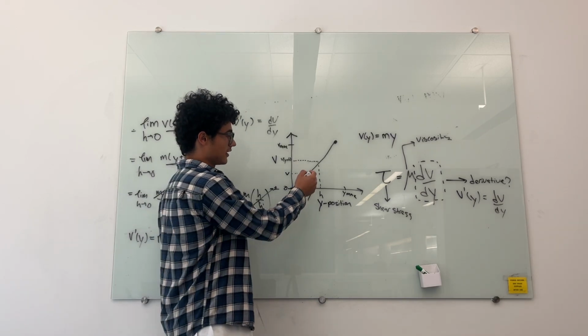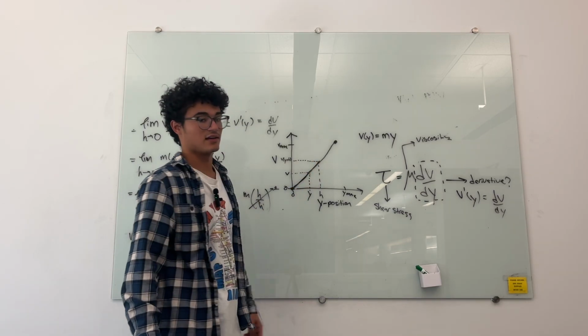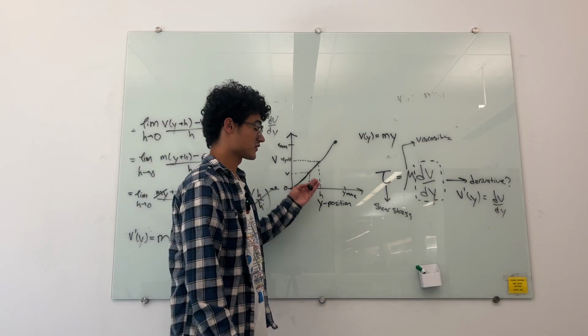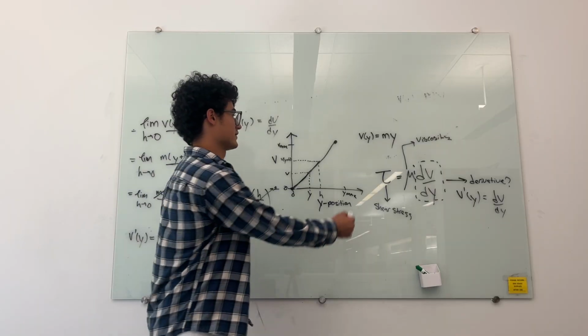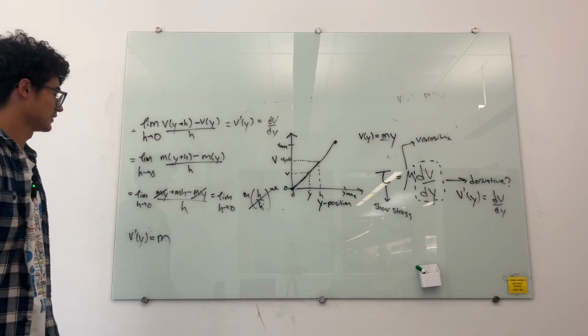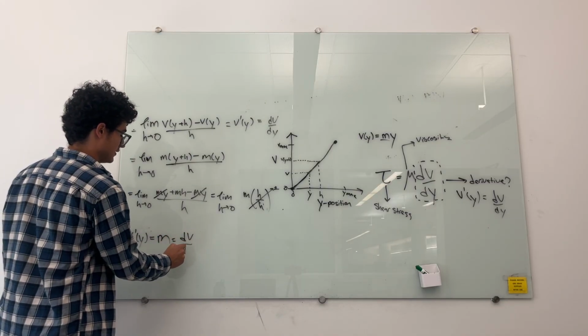It takes the line tangent to our function. And in the case of a line, it is the slope of that function. That is our m. So now we know what v prime of y is, which is dv dy.